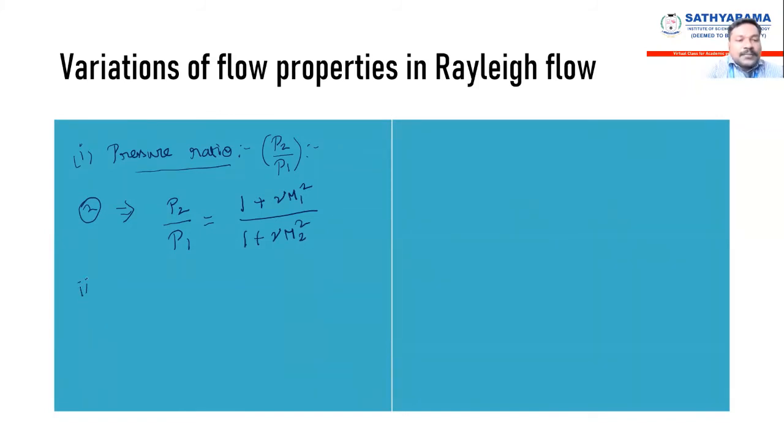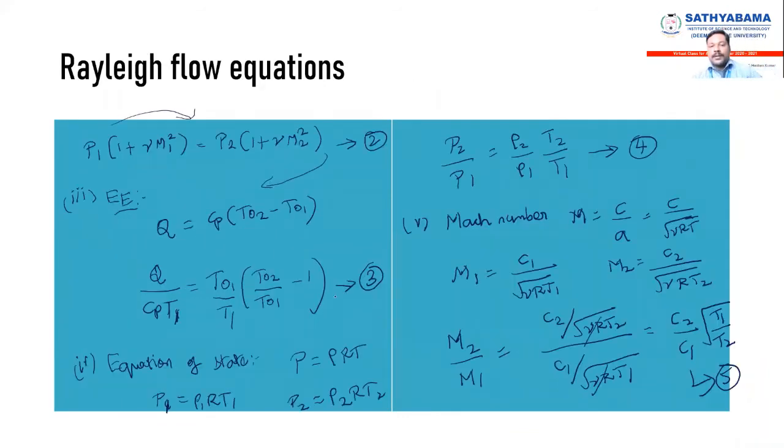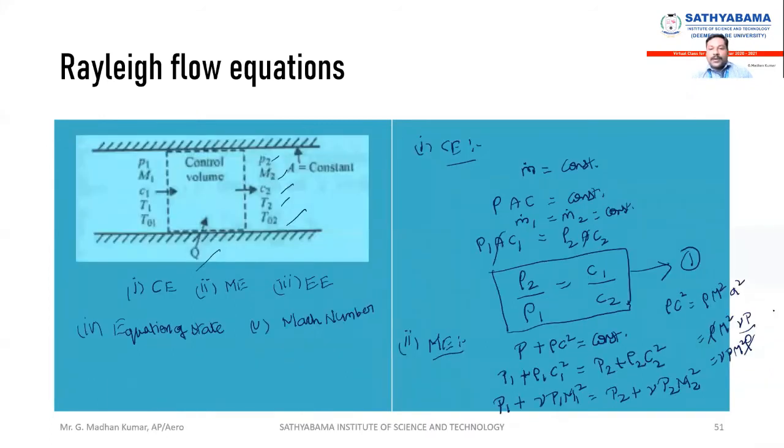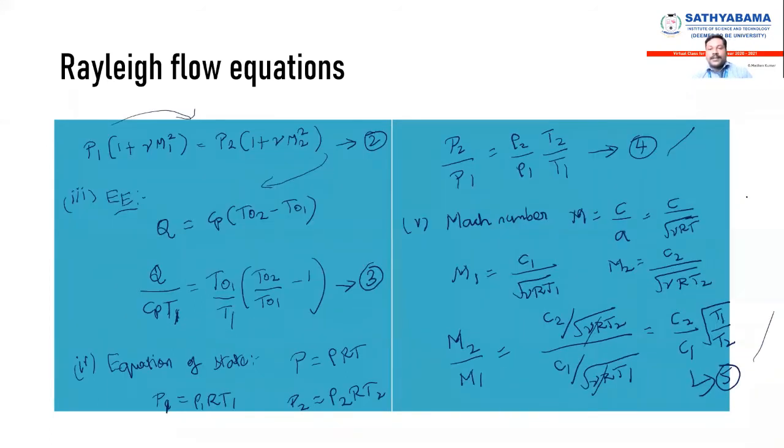Next thing, we are going to find the temperature ratio. So your temperature ratio is nothing but T2 by T1. Now, how we are going to find this temperature ratio is, we are going to use these relations: equation number 1, equation number 4 and equation number 5.